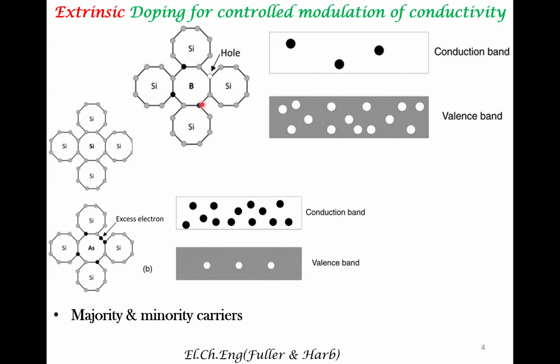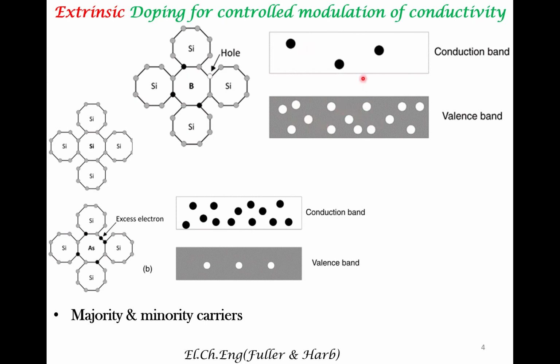If you take a dopant here, boron, which is to the left of silicon in the periodic table, boron has one less electron, so it can readily accept an electron, and this acceptance of an electron by an acceptor dopant would give rise to holes in the semiconductor.